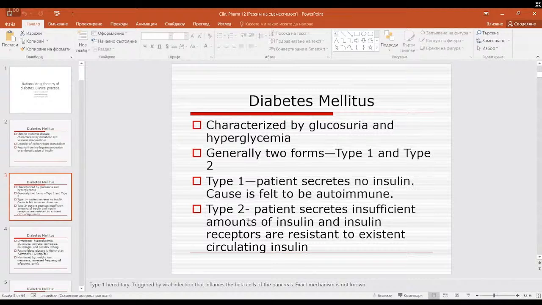Type 2 diabetes patients have some insulin levels, so their pancreas is working and secreting insulin, but usually this insulin is either not enough or the insulin receptors are resistant to the insulin being secreted by the pancreatic cells.